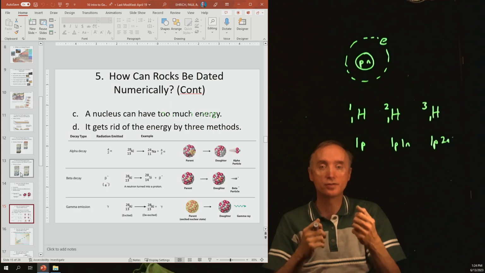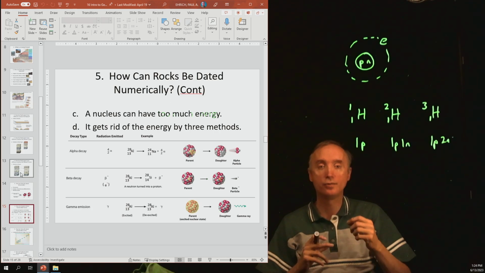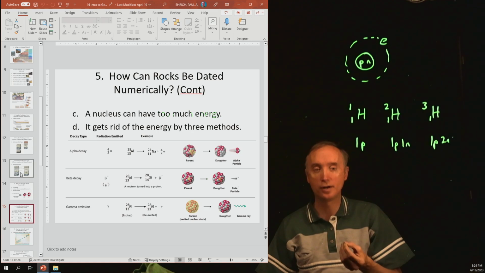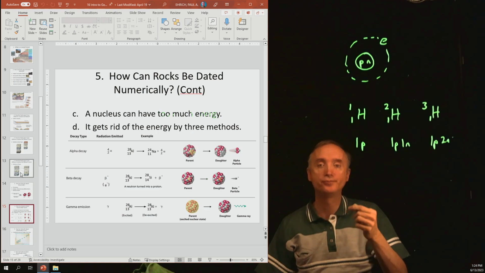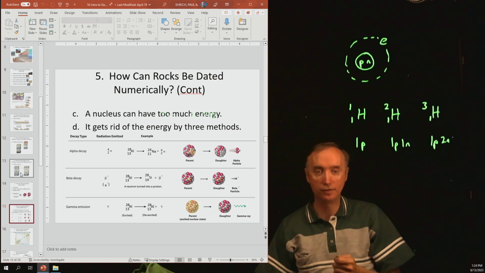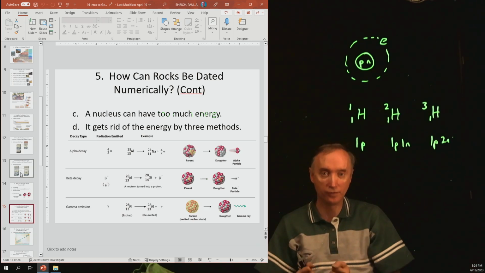We're going to call this nuclear fission when this happens. And we will be able to predict how much of it's going to be left by using the concept of a half-life. So let's talk about the radioactive particles that are given off whenever something breaks apart through nuclear fission.